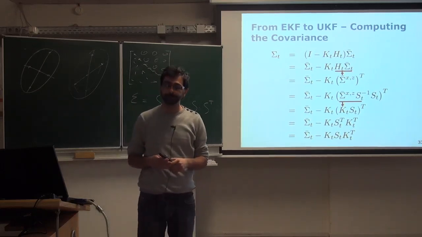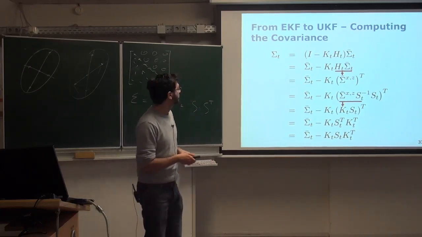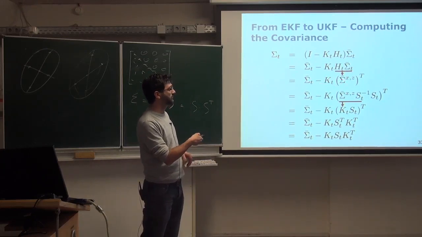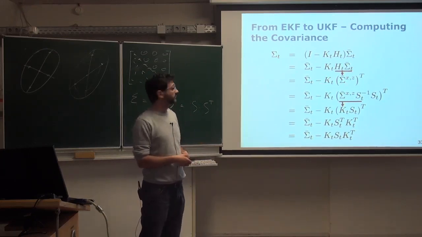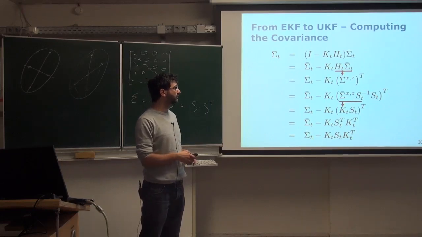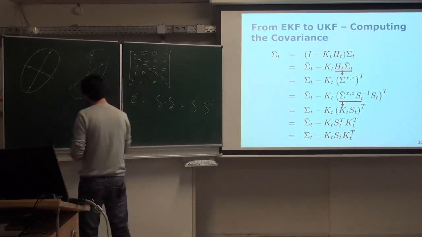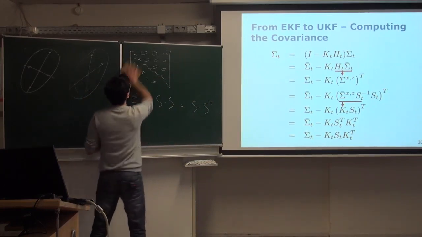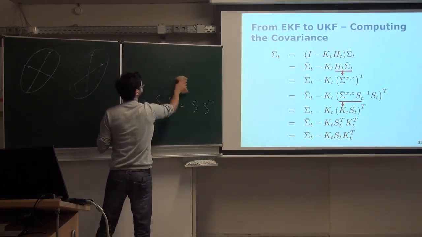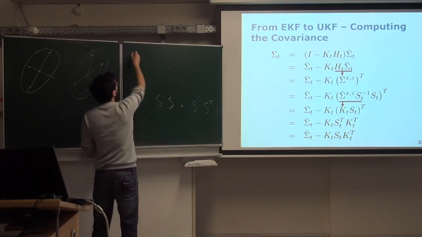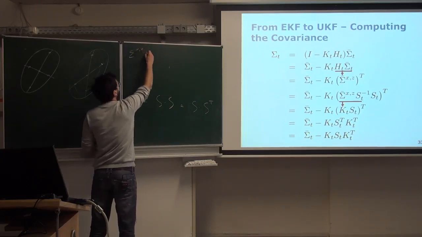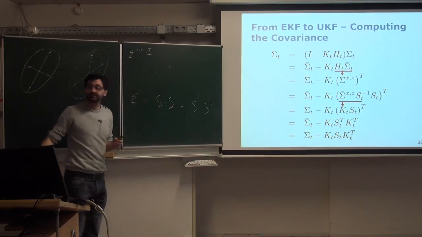I have a small question regarding the transition of the third row to the fourth. This one? Yes. How is this transition? Oh, that's a usual trick. I can write it here, it's easy. You basically have in there sigma xz times identity, right?